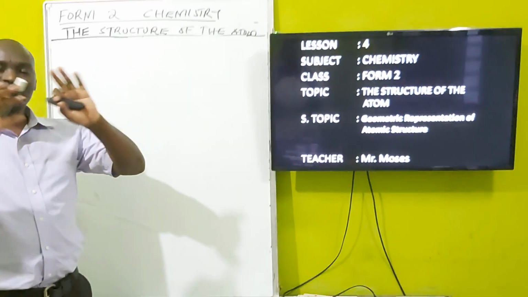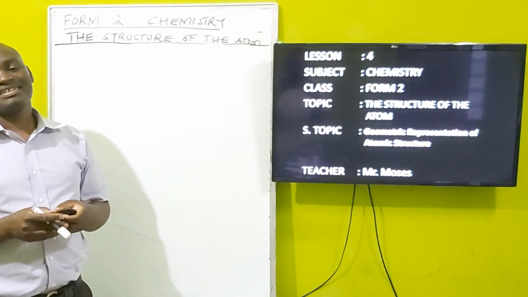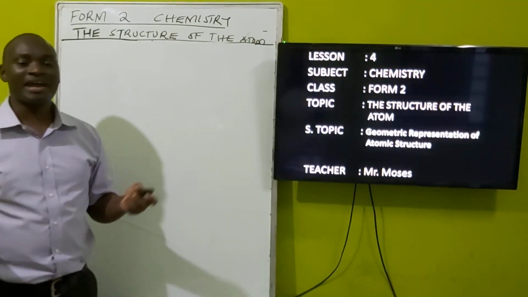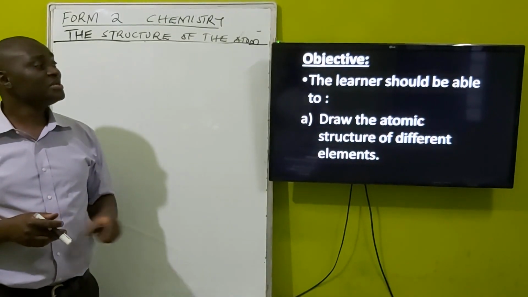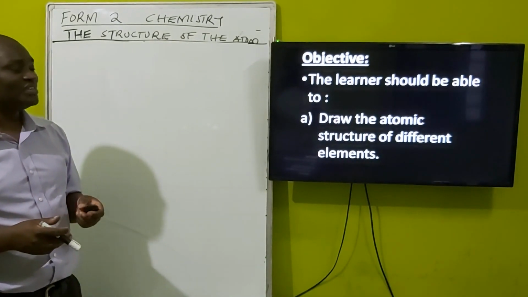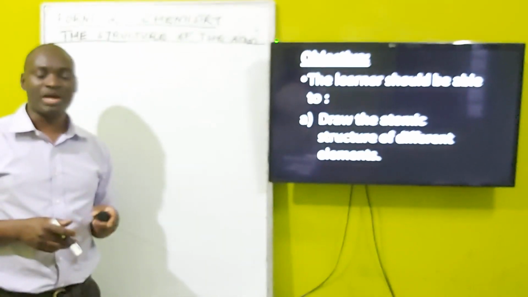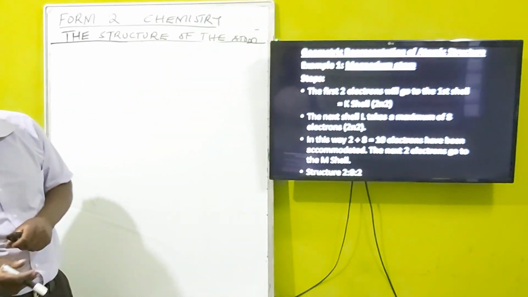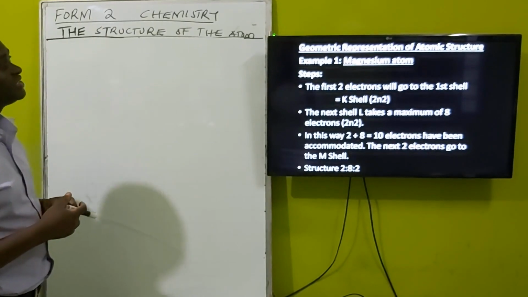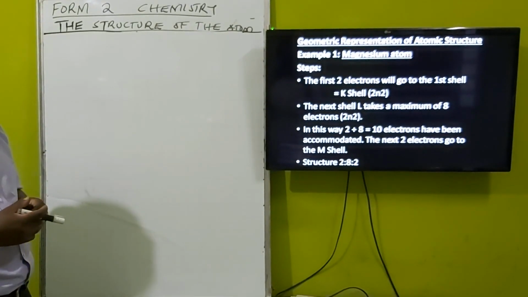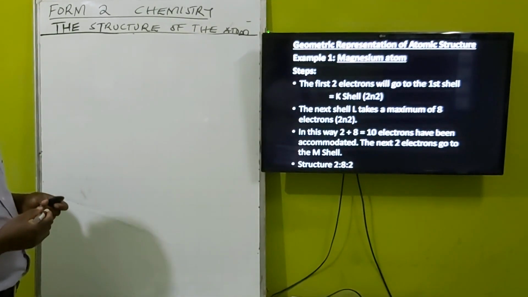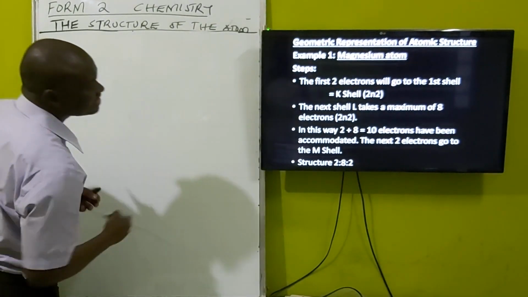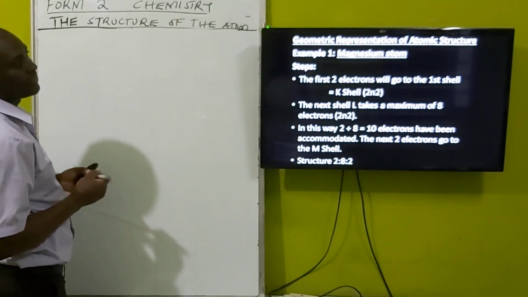So now we are going to transfer that into diagrams. So our objective is simply to draw the atomic structure of different elements. That is what we are going to achieve today. So let us do what is called geometric representation of atomic structure.